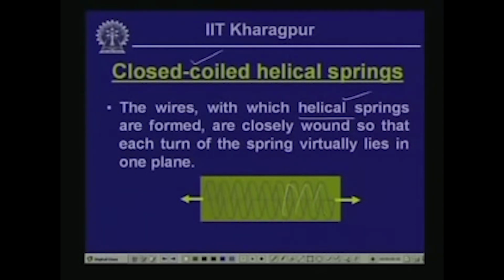When the wire is wound in such a way that each turn of the helix virtually lies in the same plane, that is what is indicated over here, closely wound. This is important: each turn of the spring virtually lies in one plane, and since they are very closely wound, we call this kind of spring a closed coil helical spring.